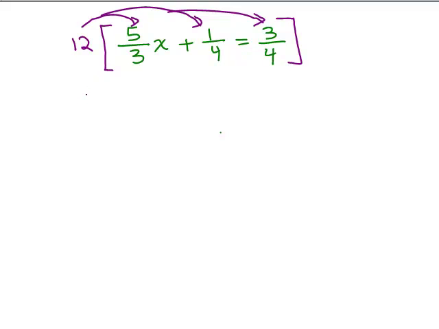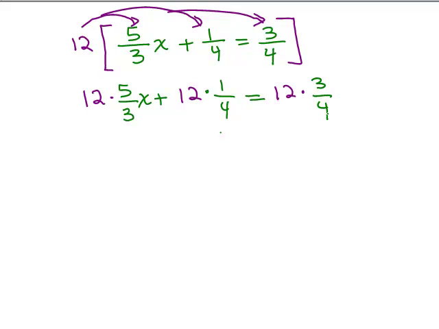So let's see, if I do that, I have 12 times the 5/3 x plus 12 times the 1/4 equals, and then I have to remember to also do 12 times 3/4 on the other side of the equal sign.